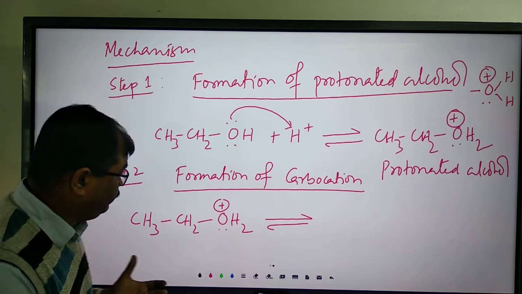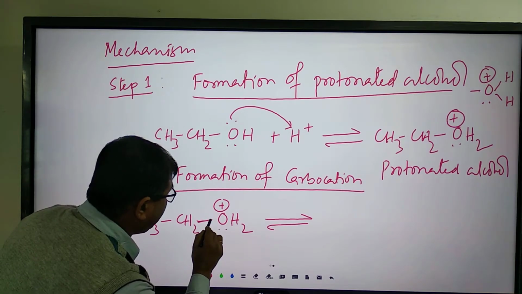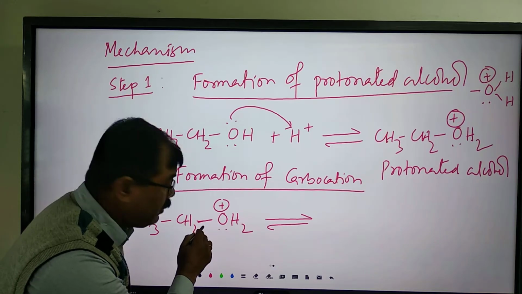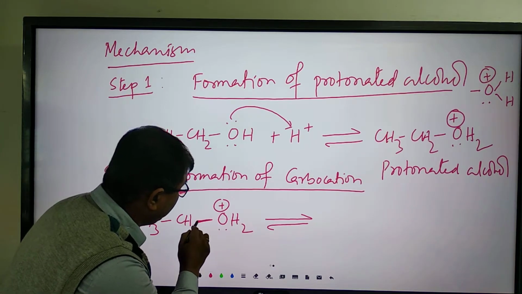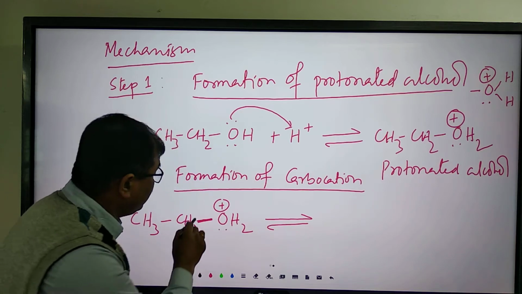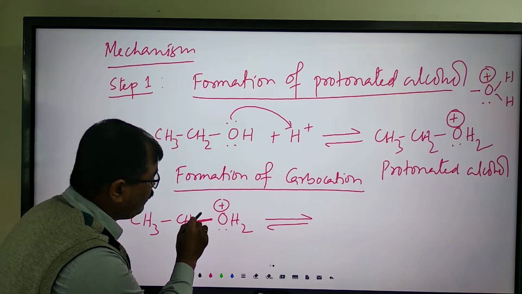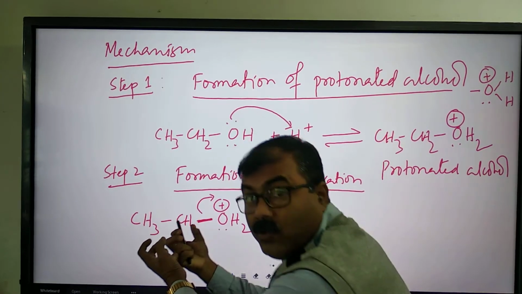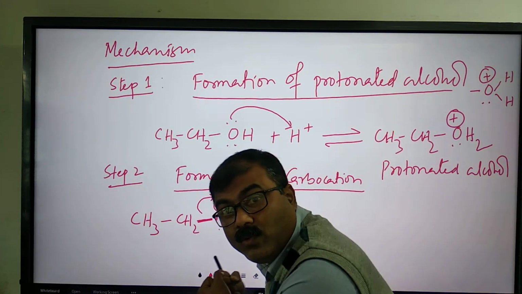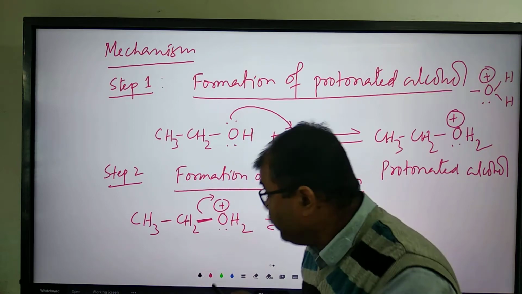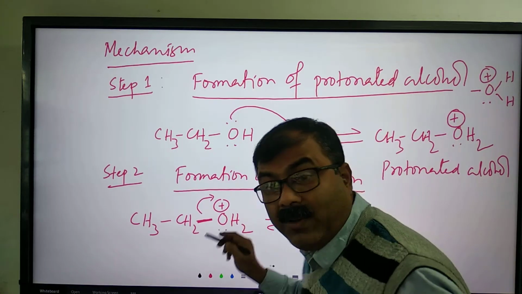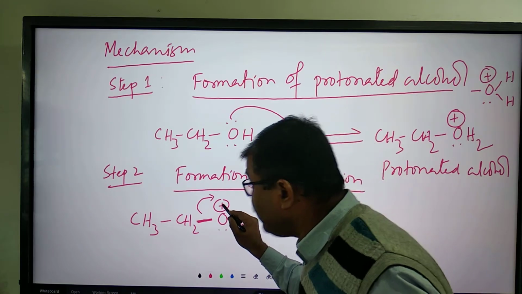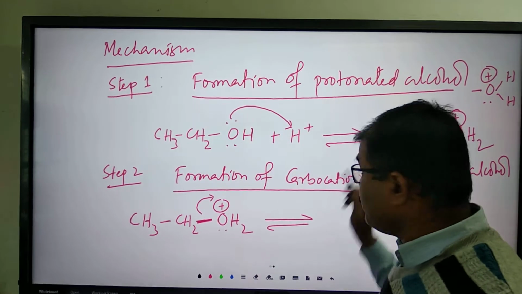In the covalent bond between carbon and oxygen, the shared pair of electrons will be pulled towards oxygen, because oxygen is highly electronegative and moreover one positive charge has been developed after protonation.